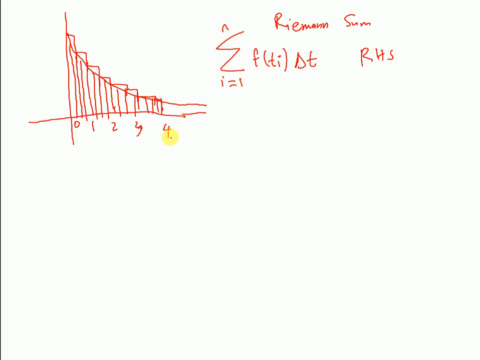So for example, in the previous case, we have from 0 to 4. So that means we go from 1 to 4, right? From 1 to 4 for the right hand sum. Now for the left hand sum, we go from 0, but we do not include the last point, so we go up to n minus 1. f of ti delta t.